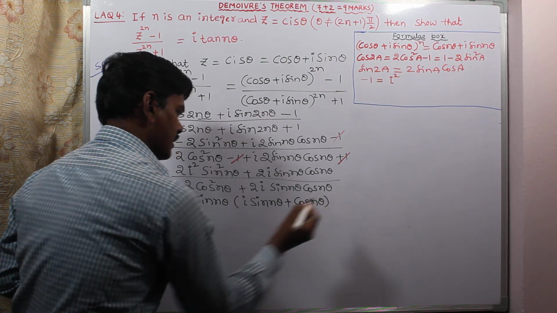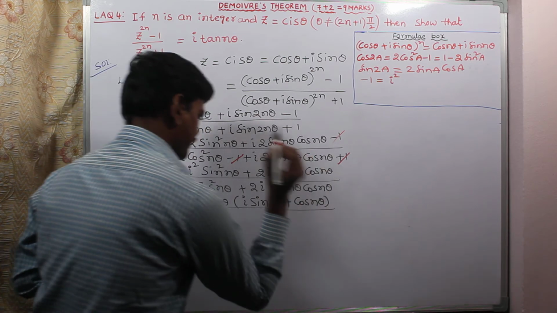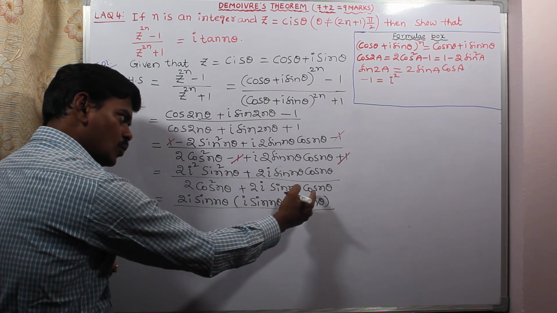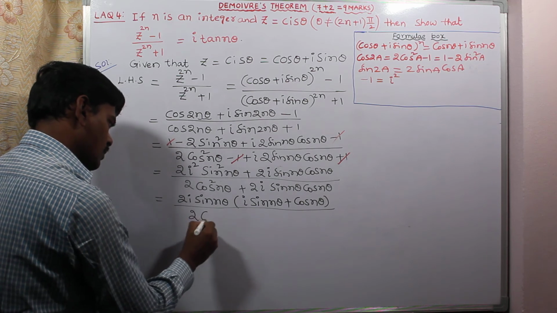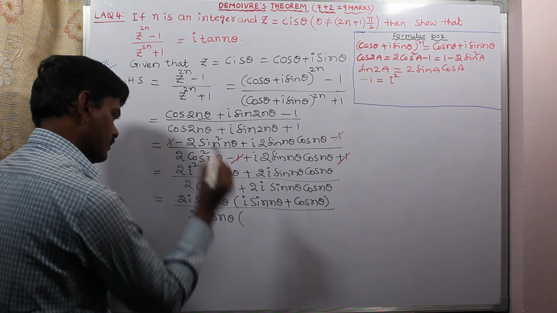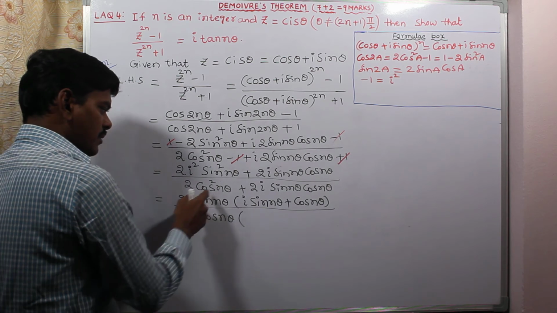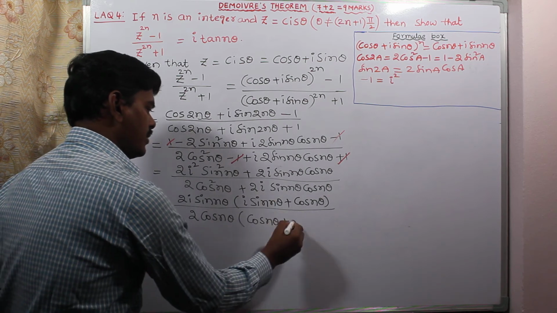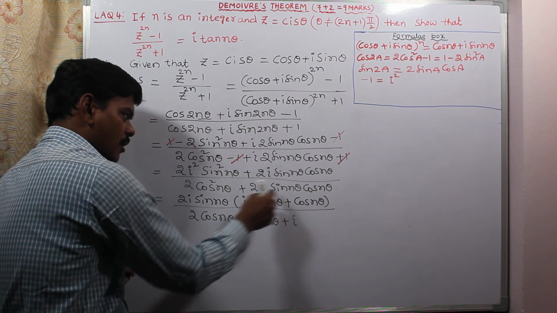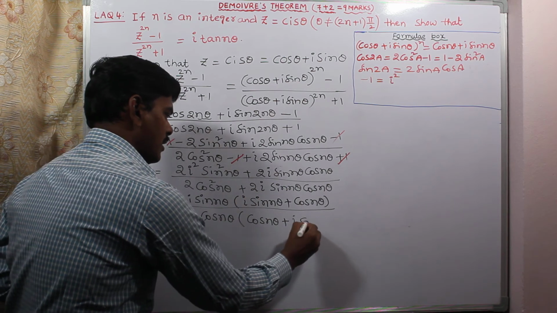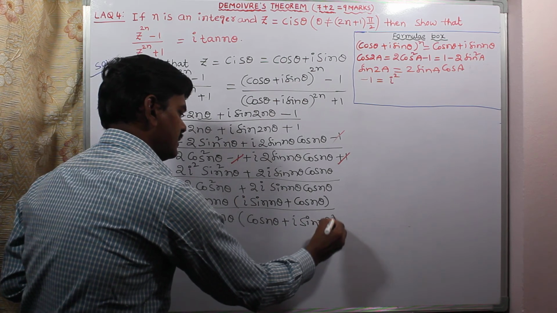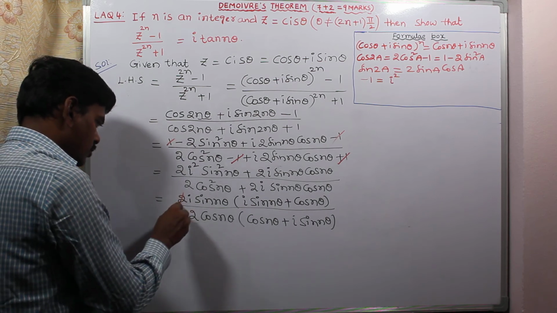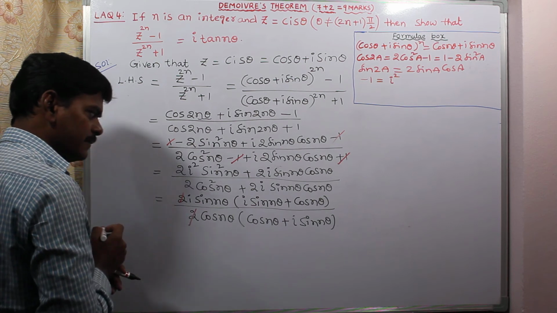In the denominator we can clearly see 2 cos n theta common. After taking it common, we are left with cos n theta plus iota sin n theta.